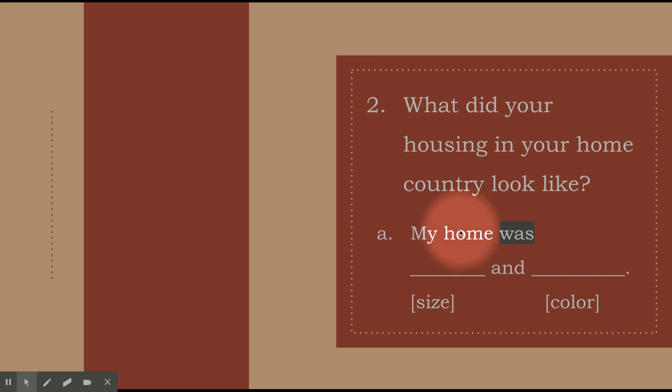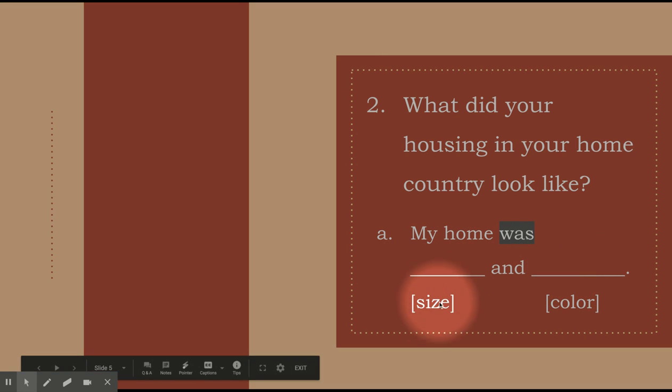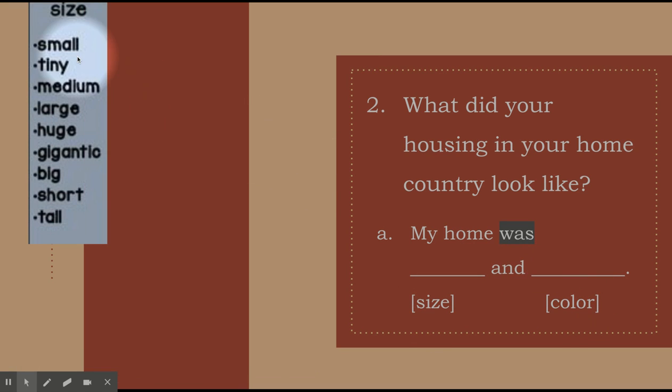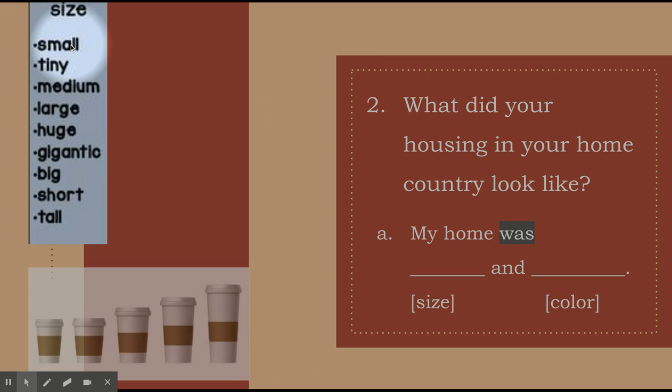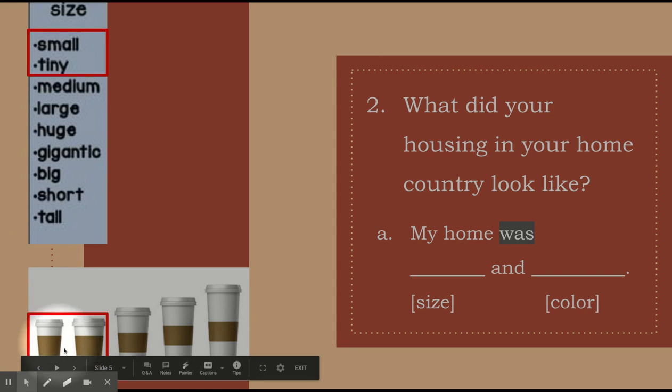For example, my home was blank and blank. We can use a size here and a color. For example, my home was small or tiny. Small and tiny mean very little.